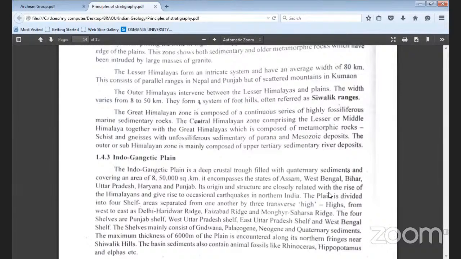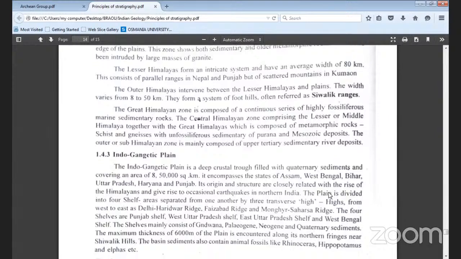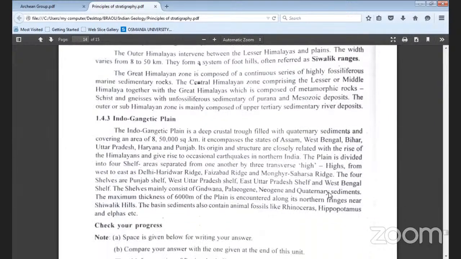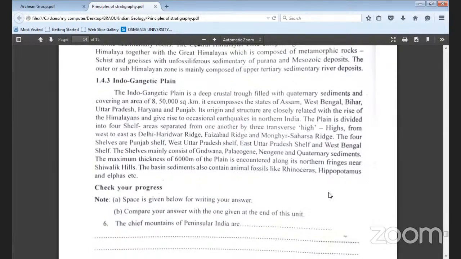And the outer or sub-Himalayan zone is mainly a composition of upper sedimentary deposits. And the third one is the Indo-Gangetic plain.